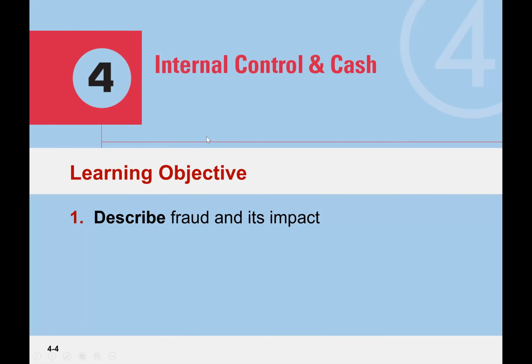Okay, so today's chapter is internal control and cash. What we have learned up till now is cash accounting and accrual accounting. We talked about how we generalize the entry, what is meant by posting, and how we create the income statement, retained earnings statement, and balance sheet.